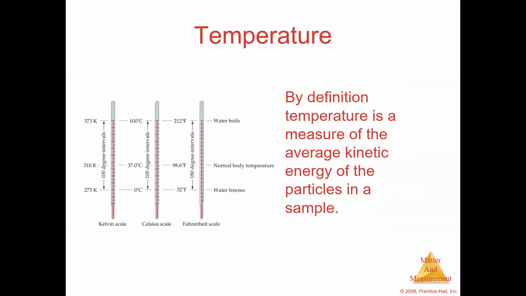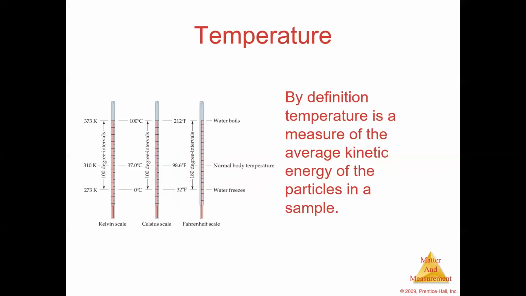Temperature. So by definition, temperature is a measure of the average kinetic energy of the particles in a sample. So when we're talking about temperature, what we're measuring is pretty much how quickly the particles are moving within that substance. If they're moving very fast, we have a high kinetic energy, we have a higher temperature.